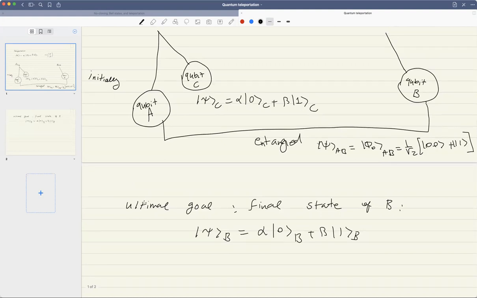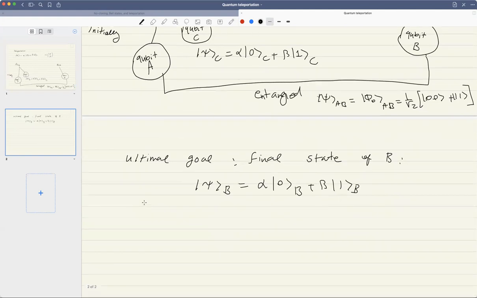Well, Alice performs the measurement in this Bell basis. So we argued in the last lecture that there are these 4 entangled states for 2 qubits that provide a very good orthonormal basis, and we can perform a measurement in that basis. So then, depending on the result of the measurement, the state of those 2 qubits gets projected to one of the Bell states.